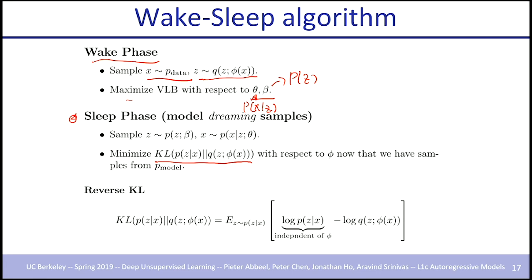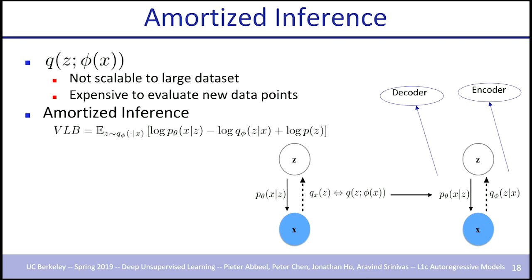Cool so far? So, up until now, what we have been saying is for each data point, it needs to have its own approximate posterior, because each data point's posterior is going to be different. But this is not quite scalable to large data sets. And if your data set is streaming and new data is always coming, then it quickly becomes fairly expensive to optimize. Why is that the case?